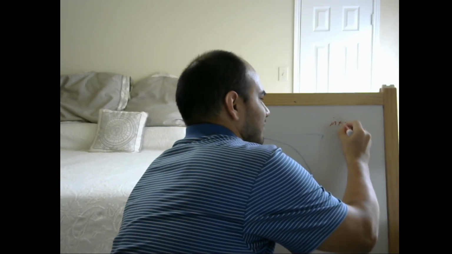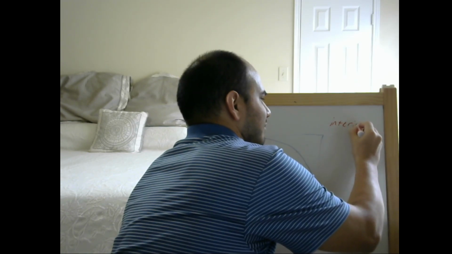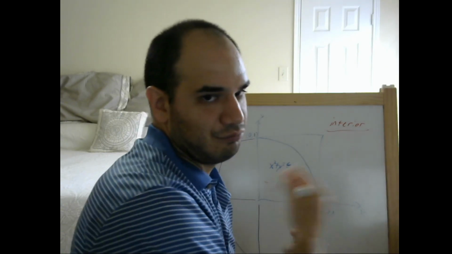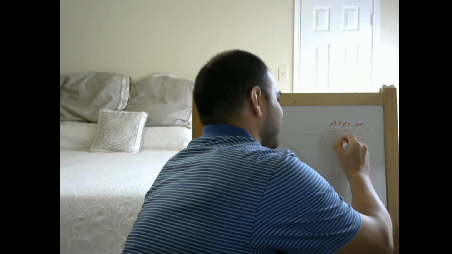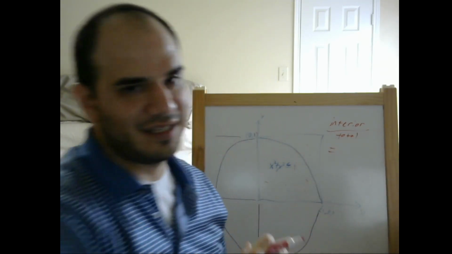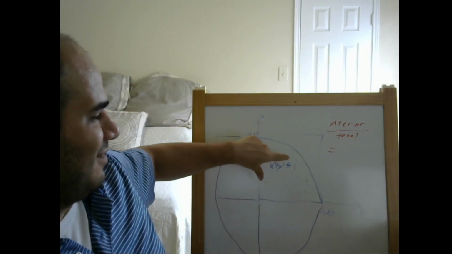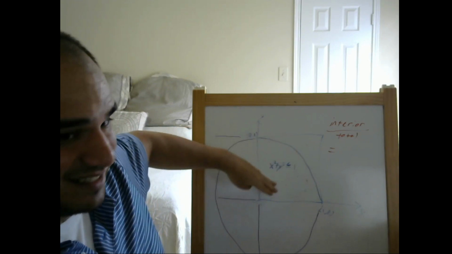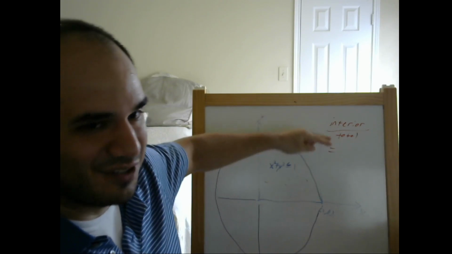So then if you measured the ratio of those that fell interior to all of them, then you would get the ratio of the area inside the circle to the overall area, right?